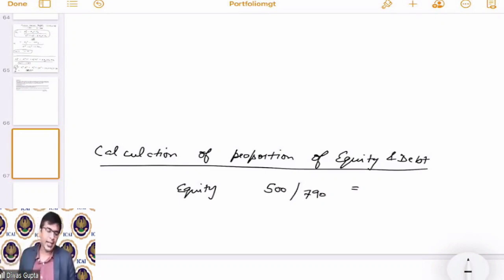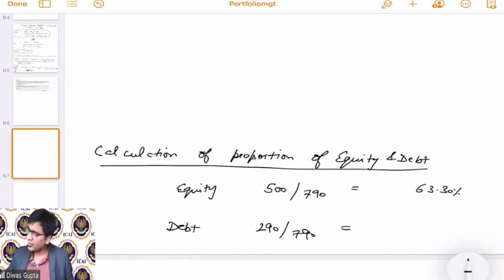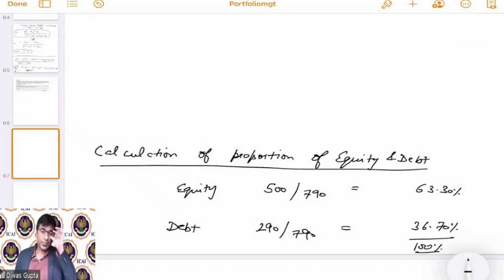This comes out to be 63.3%, and debt is 290 divided by 790, which is 36.70%. So equity is 63.30% and debt is 36.7%.